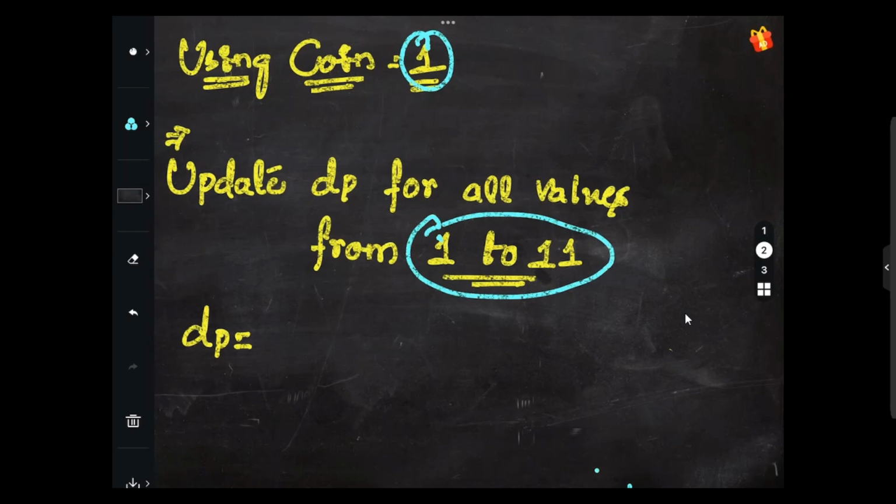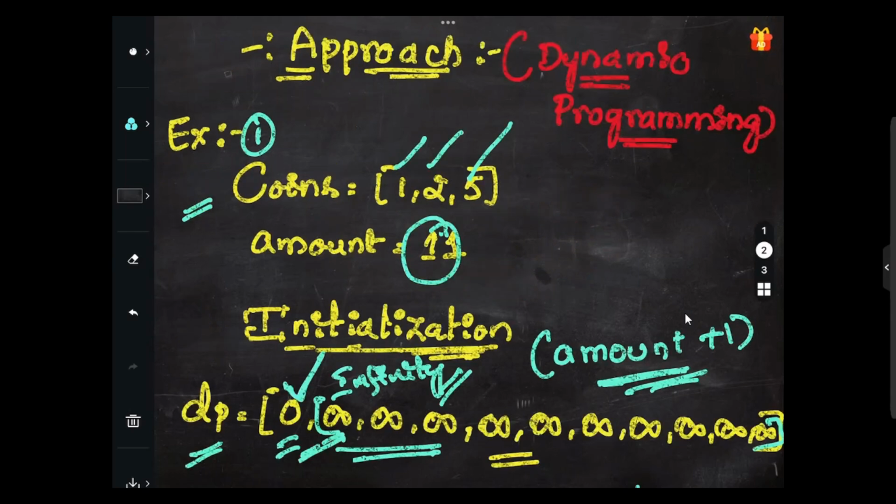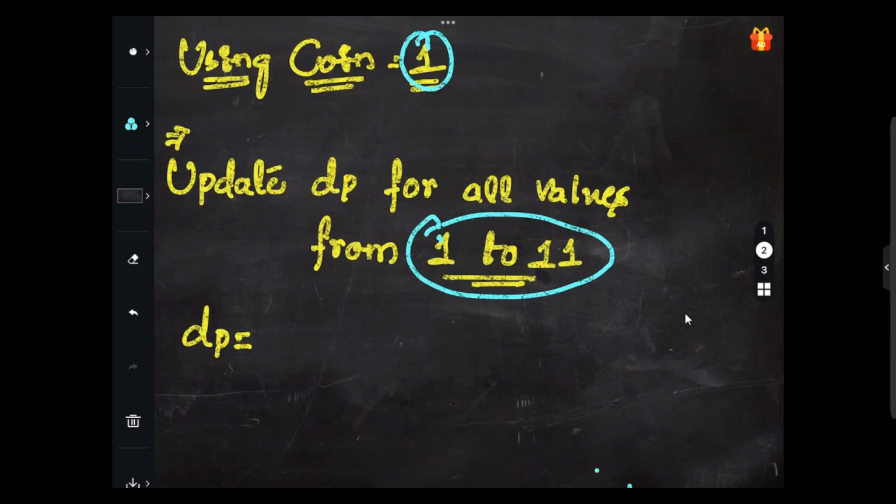Initially we have initialized 0 and 11 infinities, because we have amount 11 and the size of the array is amount plus 1. So in this step, when we consider coin equals 1, let's update the dp for all the values. How can I write this one?